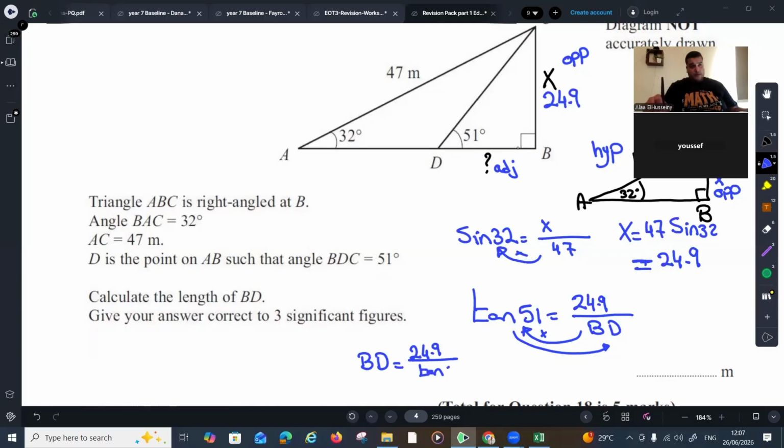So 24.9 divided by tan 51. That's gonna be 20.163. But he only needs 3 significant figures. So we're gonna say 20.2 meters.